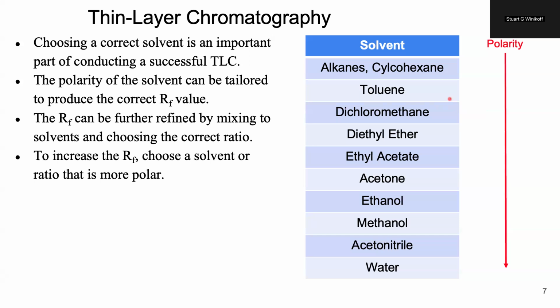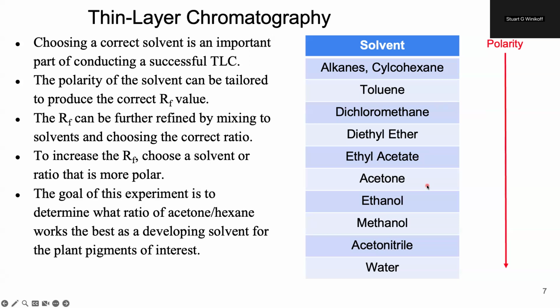And if you test the solvent and find you need to make your RF larger, try working your way down this polarity chart to something more polar. And if you need a lower RF, choose something less polar or adjust your ratio accordingly.